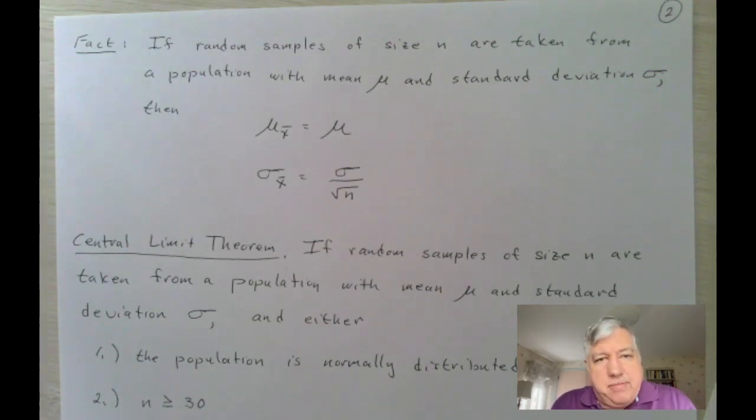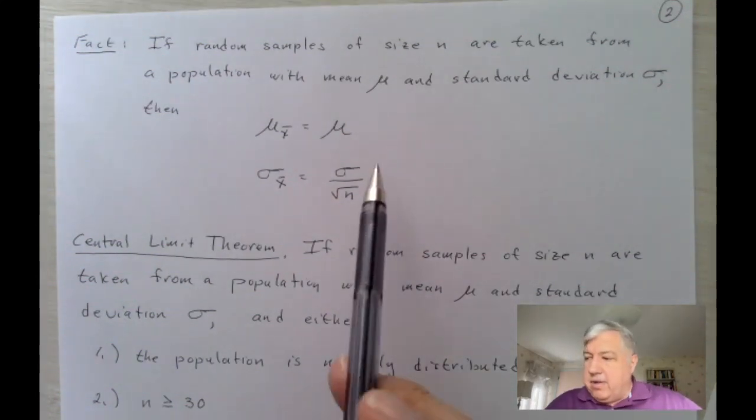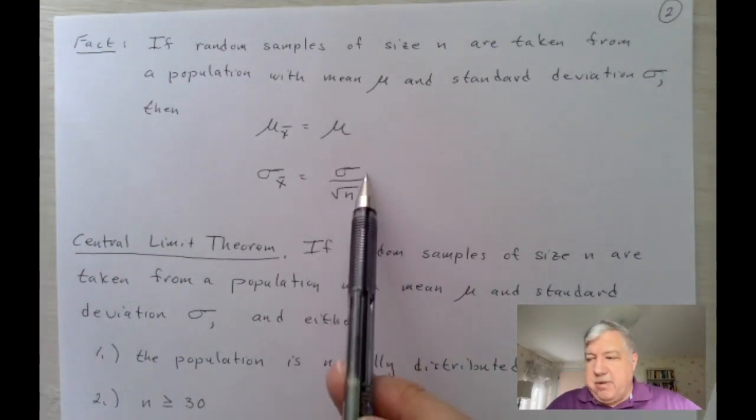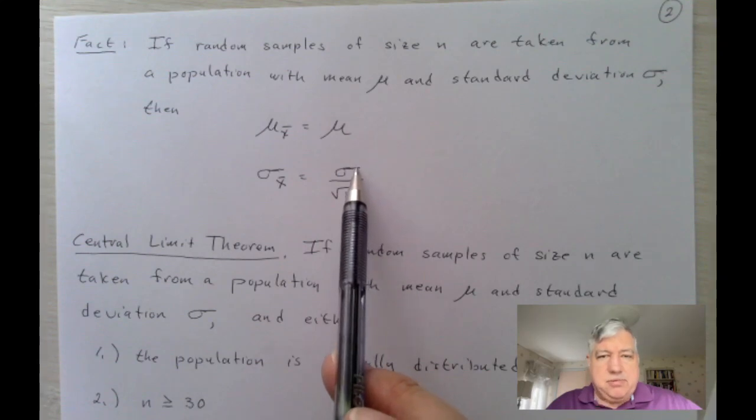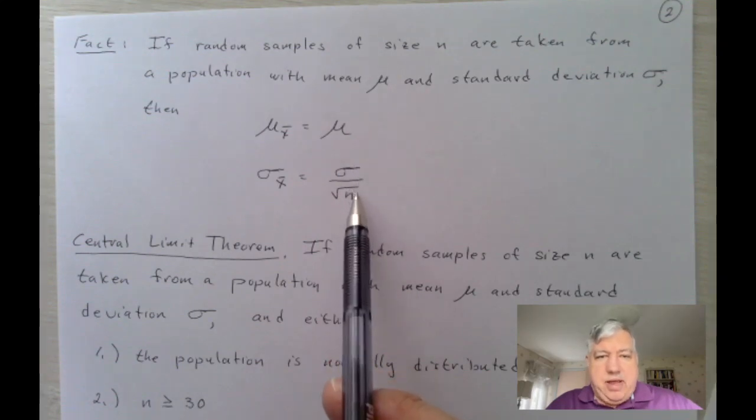So last time we were talking about how when you take a sample from a population and compute its mean, that's its own random variable and has its own probability distribution, and that will have its own mean and its own standard deviation, which depends on the original population mean, the original standard deviation, and then the n.